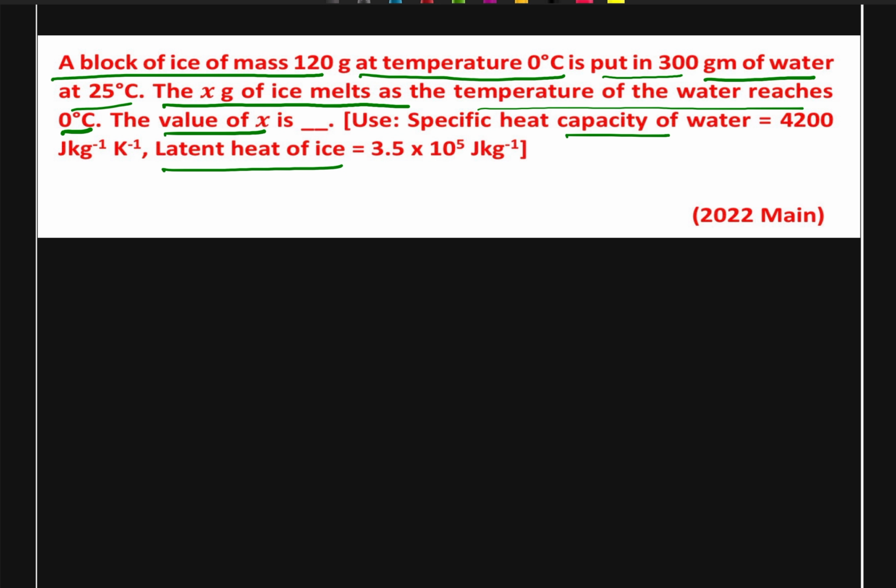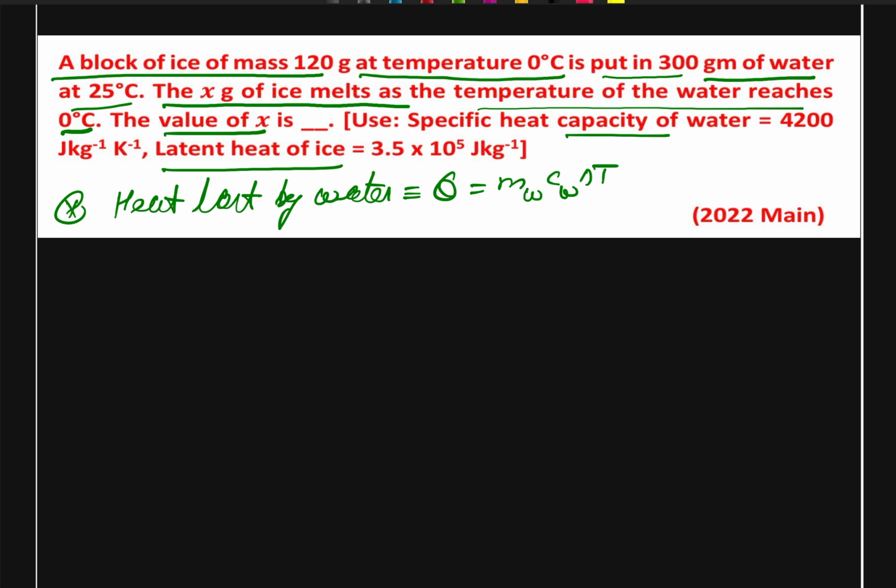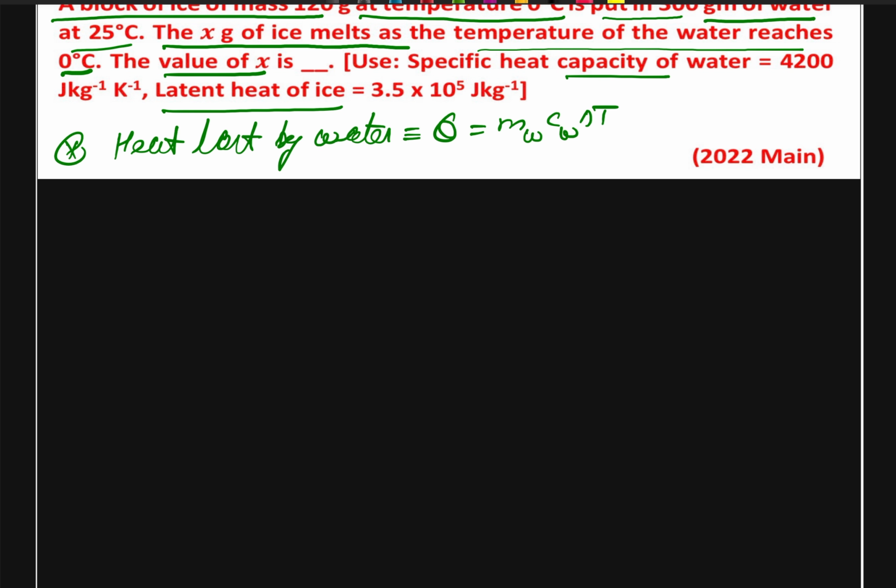So first of all, let's find the heat lost by water. Q is equal to mass of water times specific heat of water times delta T. Let us call this QW.